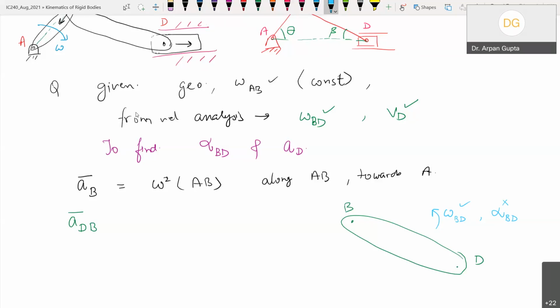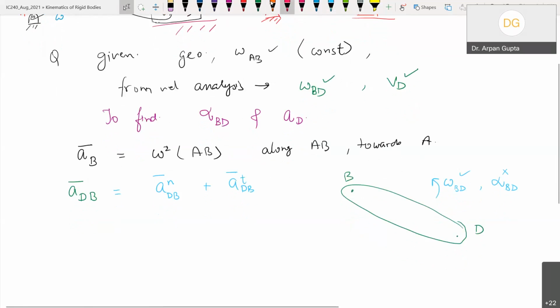So the acceleration of D with respect to B will have two components. One is the acceleration of D with respect to B, the normal component, and the other is the acceleration of D with respect to point B, the tangential component. So there will be two accelerations here. This acceleration has a magnitude of omega BD square times R, so again omega square times BD.